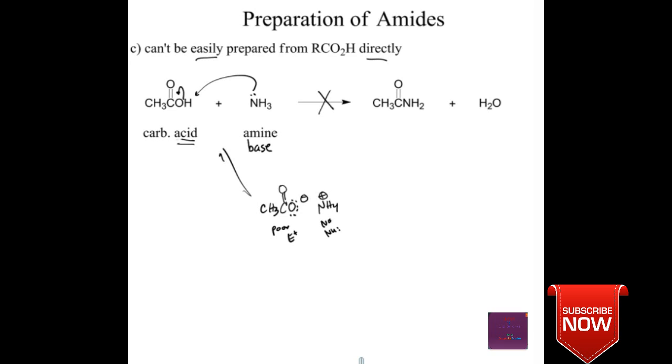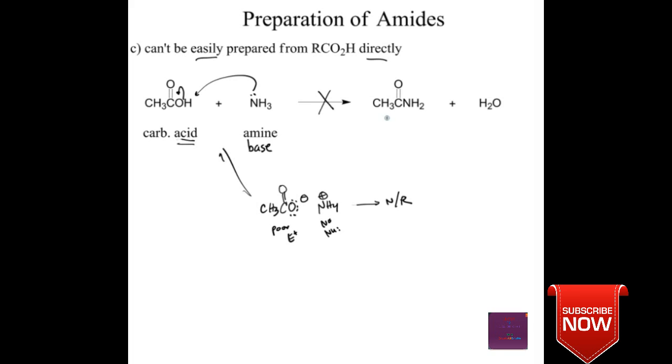And so like I said, if you had an excess amine and you really heated it up, you could get this substitution reaction to take place, but under ordinary circumstances, there's no reaction that happens here, so this would not be a way to make the amide. Okay, instead, how could you convert the carboxylic acid to the amide? That's what we just saw.